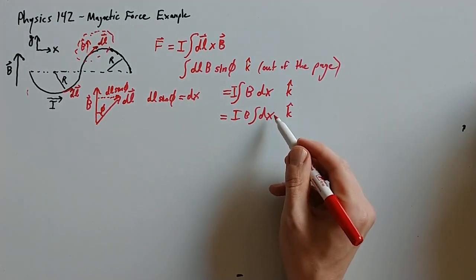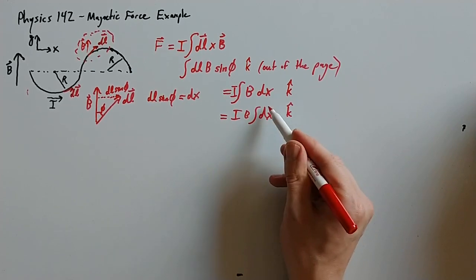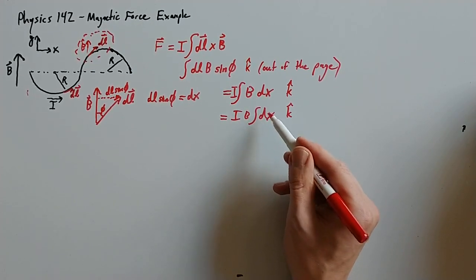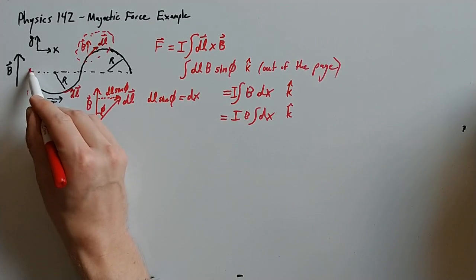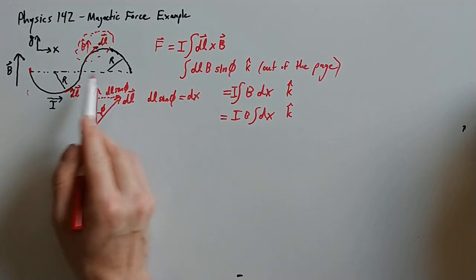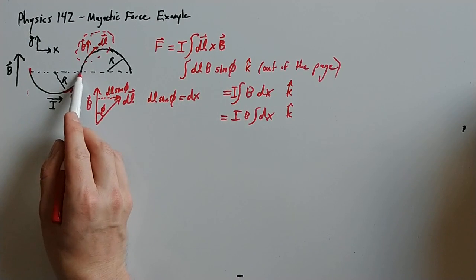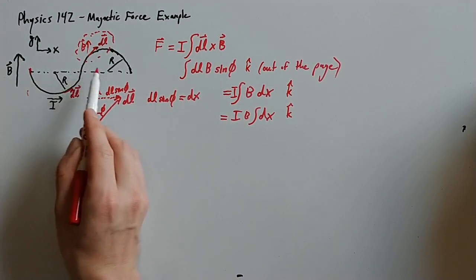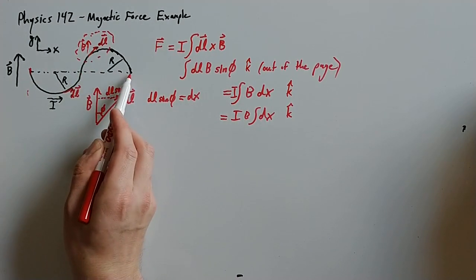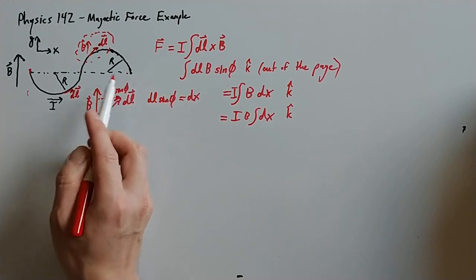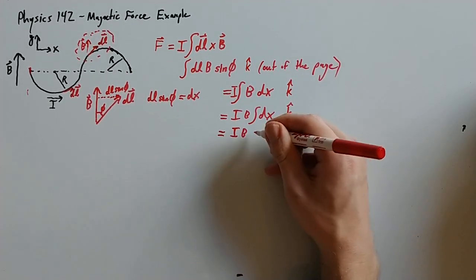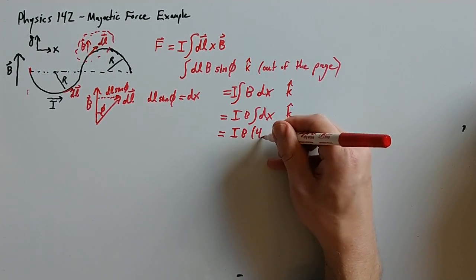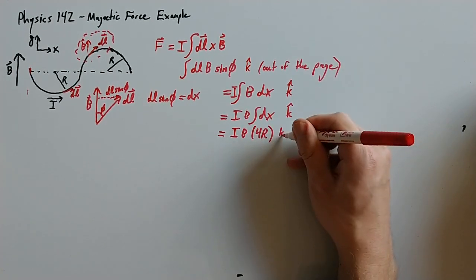And the integral of dx is just how far I've gone in the x direction from where I started to where I finished, right? So if I look over here, I started here, and how far did I go in the x direction? From here to here, that looks like 2r. And from here to here, that's 2 more r's, so that's 4r. So I can write this as I times B times that total distance I went, 4r, in the k hat direction.